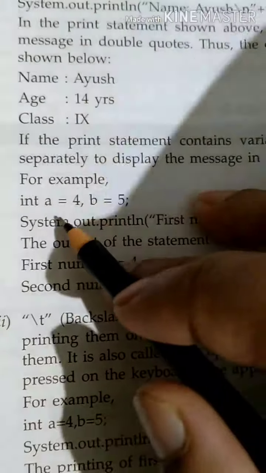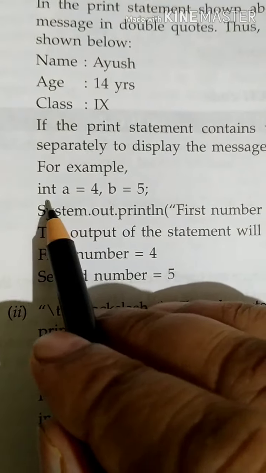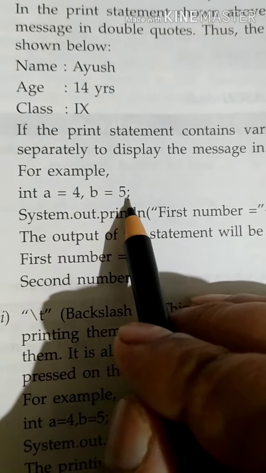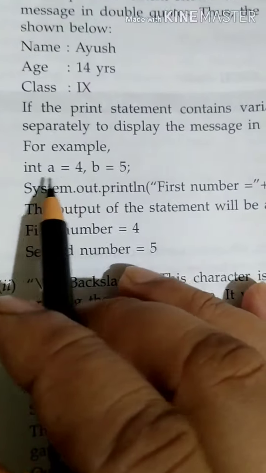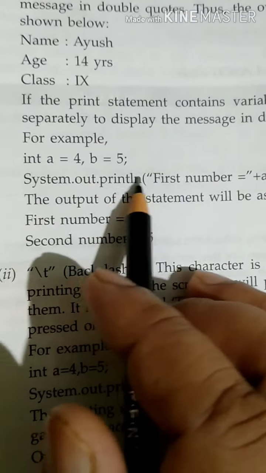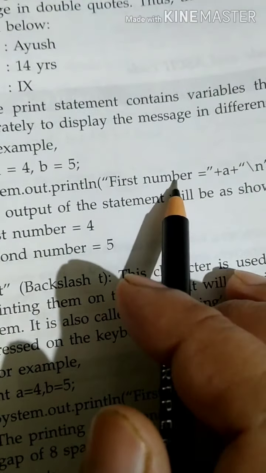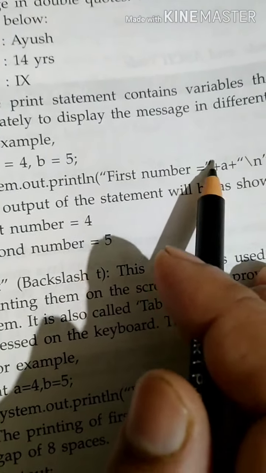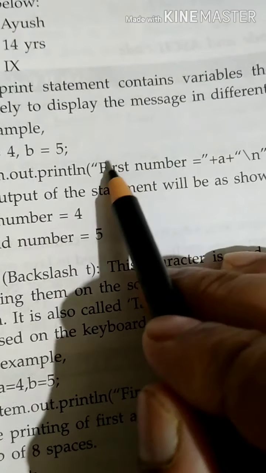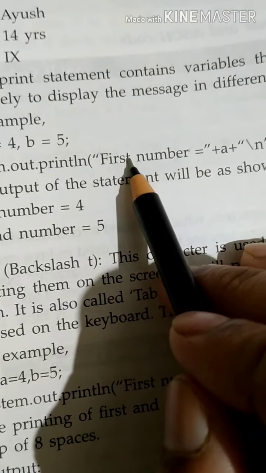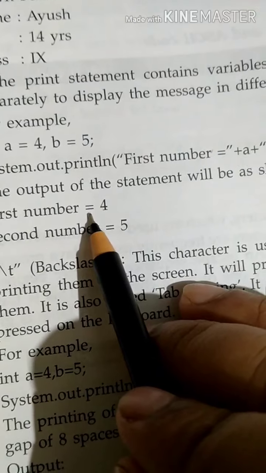Okay, here one more example is given. int a equal to 4, b equal to 5. Here we have seen only the use of strings, but now we will use variables in this output statement. System.out.println, double quote first number, this is the string value, equal to, double quote. This message will be prompted on the screen only, and its respective value will be printed after the equal sign.